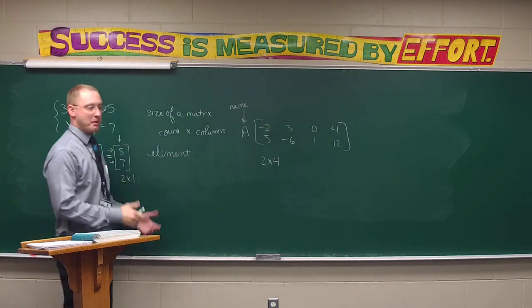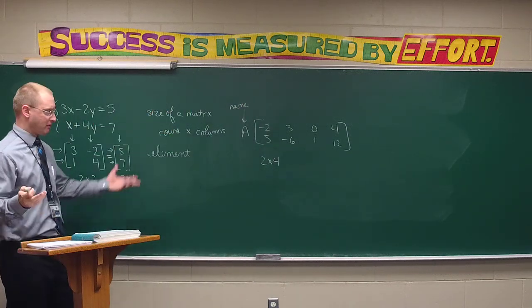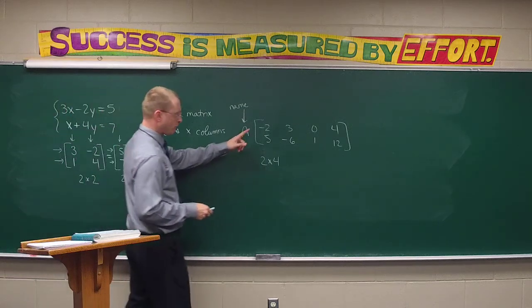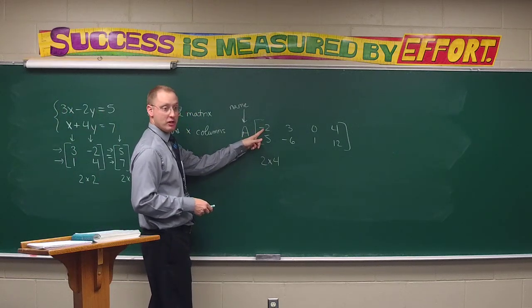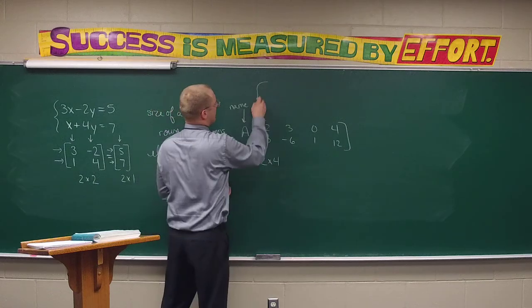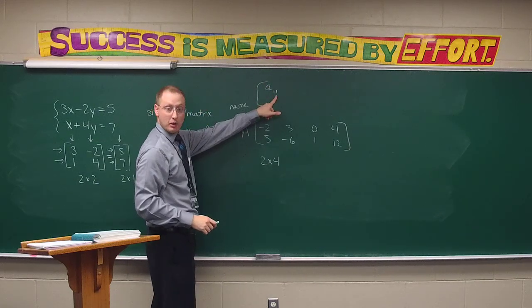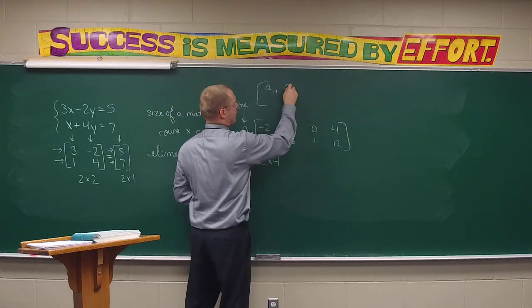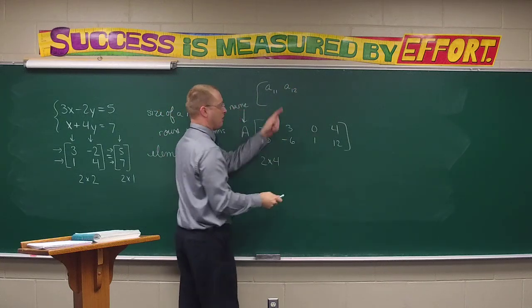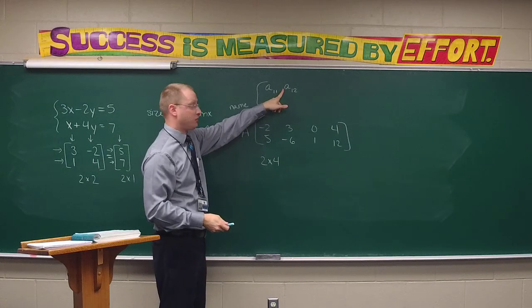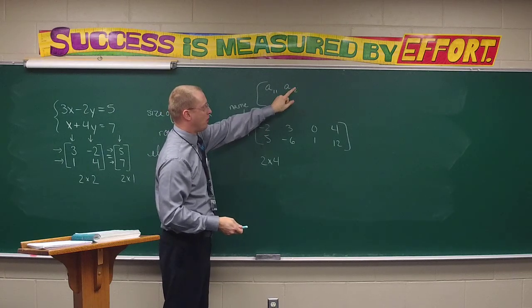This is my first element in the first row. We would notate that position A11, row 1, column 1. This next is element A12, using a lowercase for the element and capital for the name, row 1, column 2.